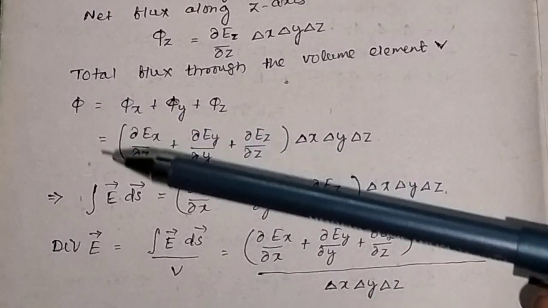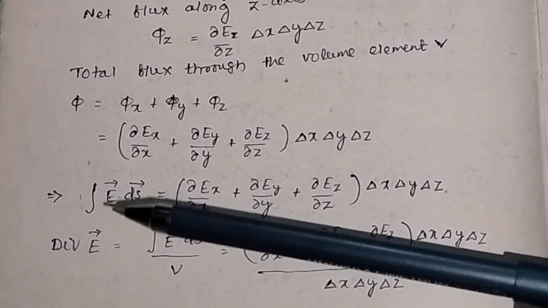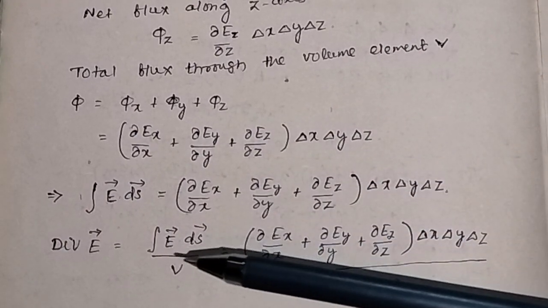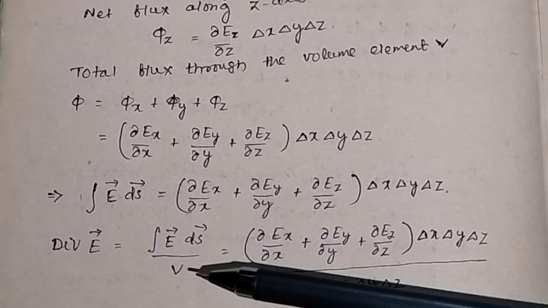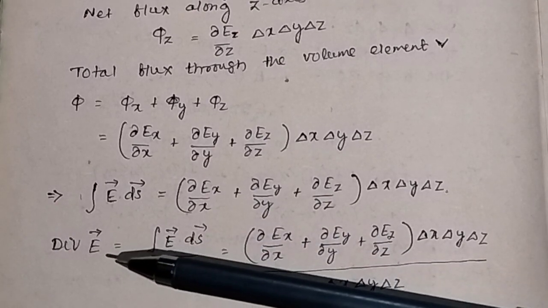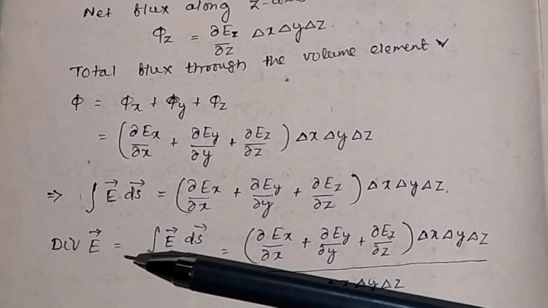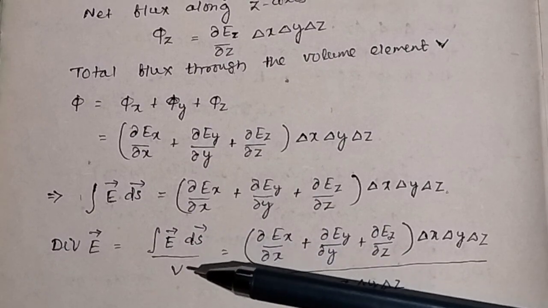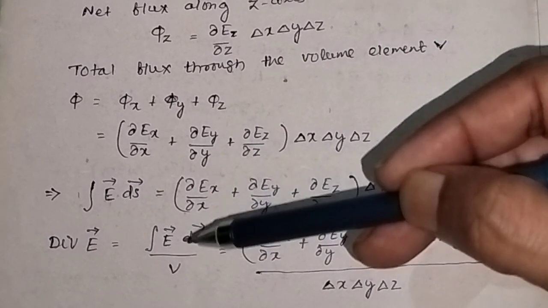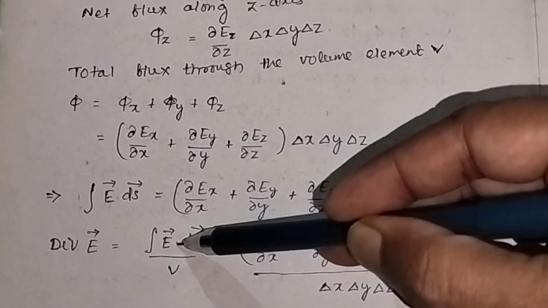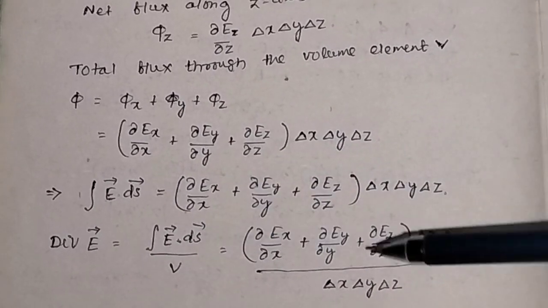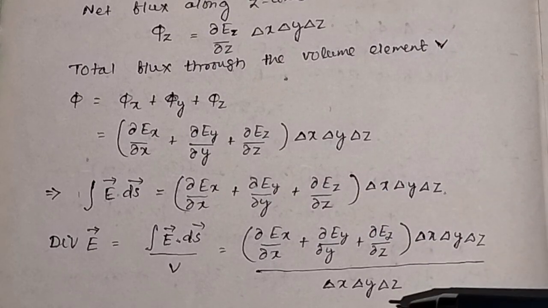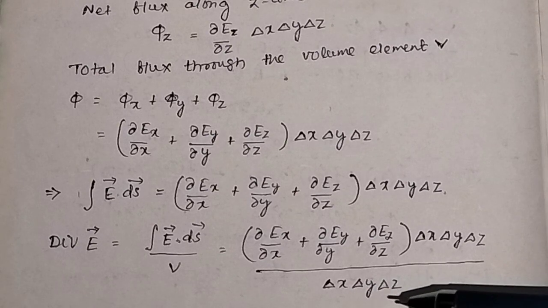And what will be this total flux? That will be E dot ds. So the integration of E dot ds will be equal to this quantity. Then if you divide the total flux by the volume, that will give you the divergence. So divergence of E, or the vector field, will be equal to the total flux, that is integration E dot ds, divided by V. So E dot ds divided by V will be equal to this quantity divided by the volume, which is nothing but delta x delta y delta z.